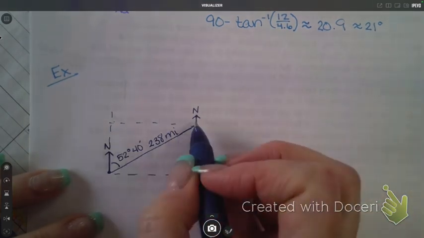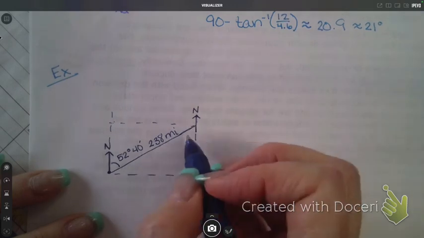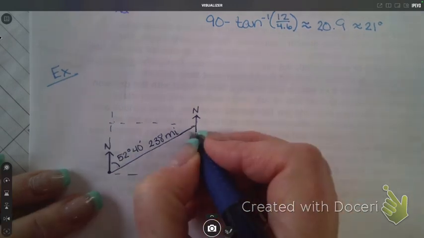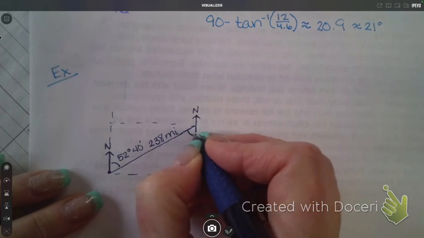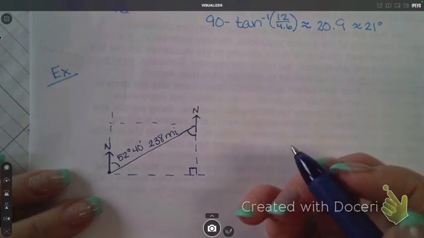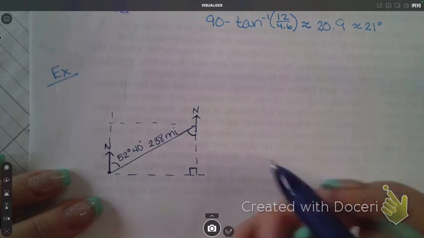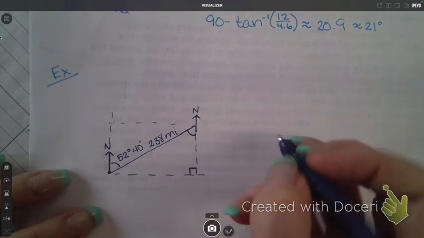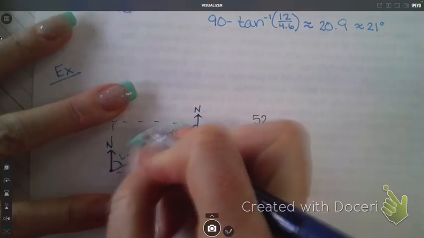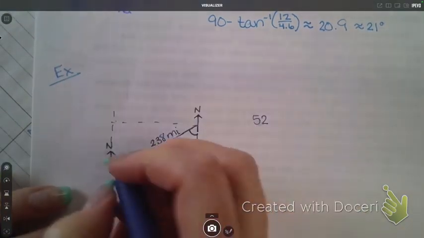Since these are parallel, I know that 52 degrees 40 minutes is also this angle here, because that would be alternate interior. So either one of those is fine to do. I should have just put a theta here, and then we could have changed it.